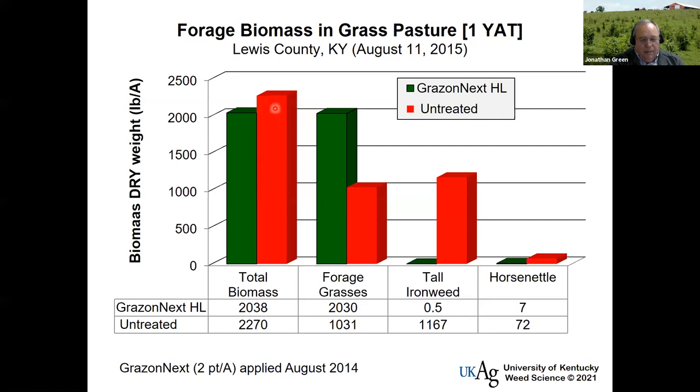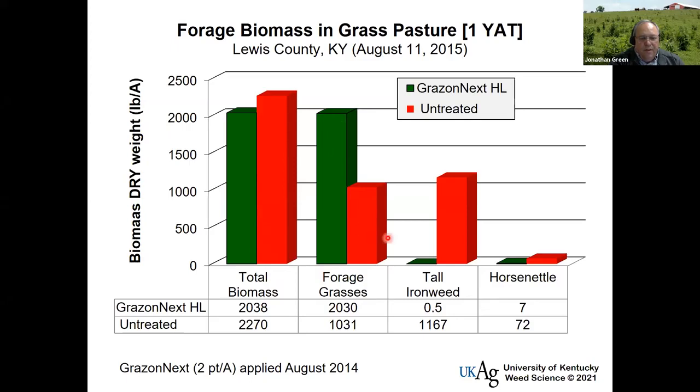Yes, it looks like there's a little bit more where the untreated was, but statistically there's no difference in those numbers. If we look at the forage grasses produced on those areas, we had about 1,000 pounds produced on the untreated area and nearly 2,000 pounds on the treated area.